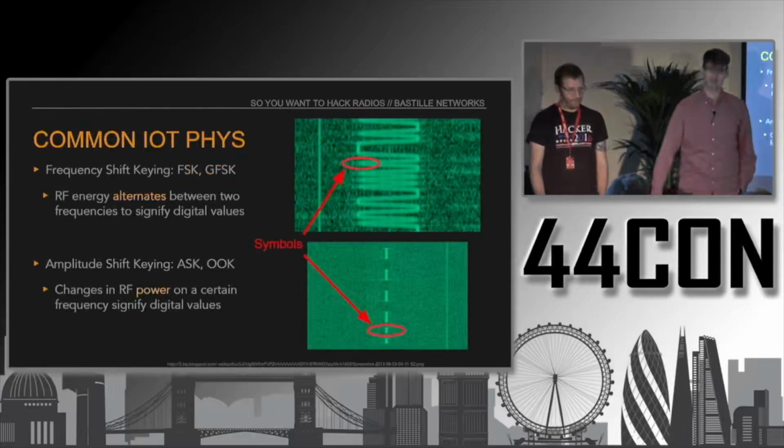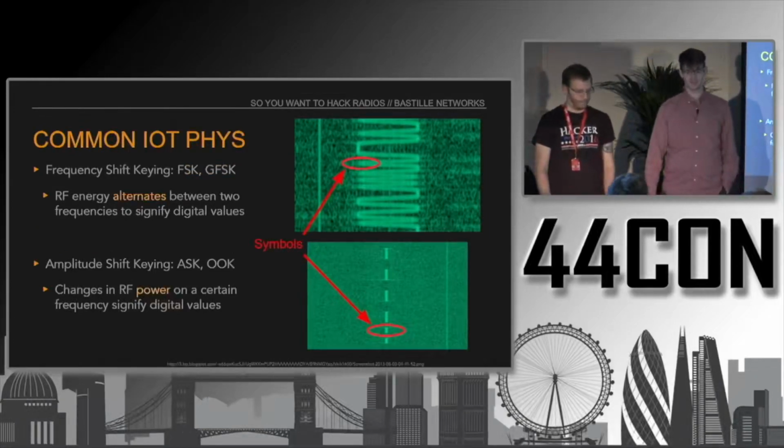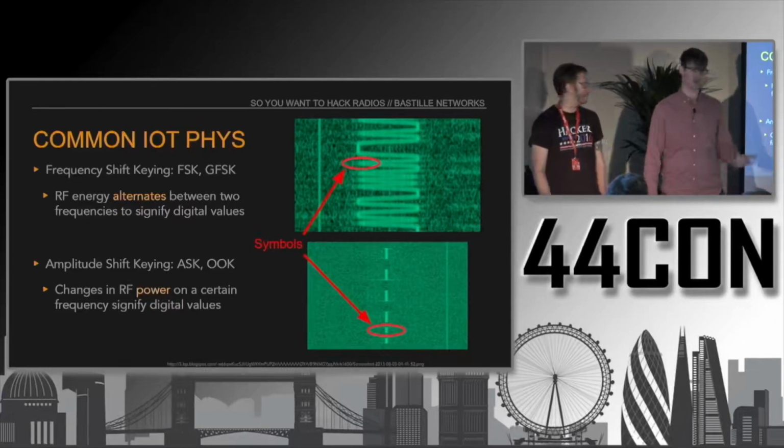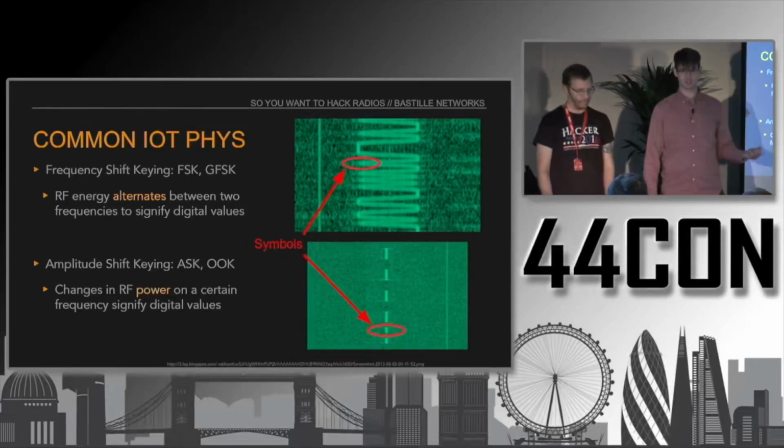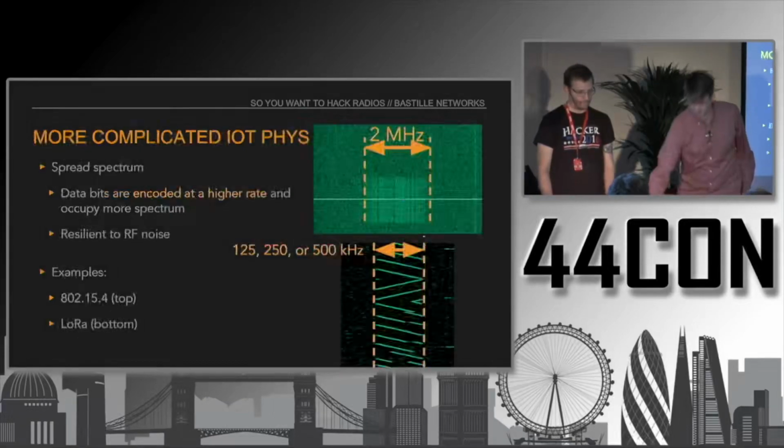So just to recap two common PHYs that we'll see. Really low complexity wireless systems are often built on FSK or some type of ASK. FSK is frequency shift keying, where the modulated parameter is the frequency. ASK, you're modulating the amplitude. It's the power of the signal on a single frequency. And PHYs can get more complicated.